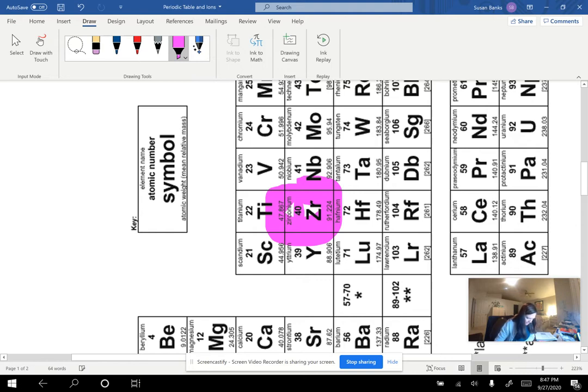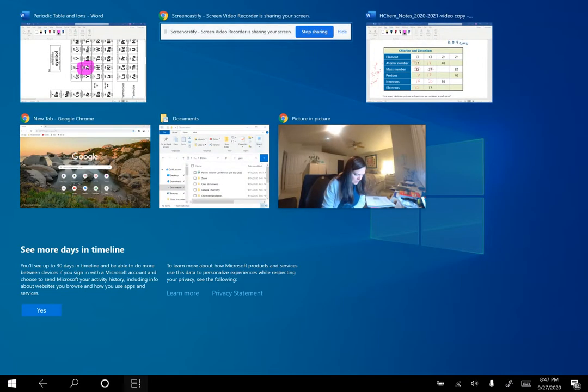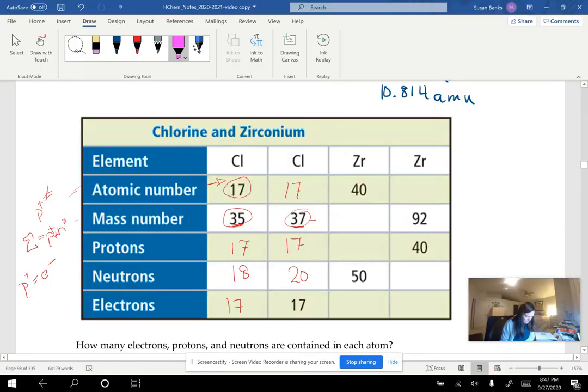I indeed have 40 protons. So let's go back to this. So I will have 40 protons. I have 50 neutrons.